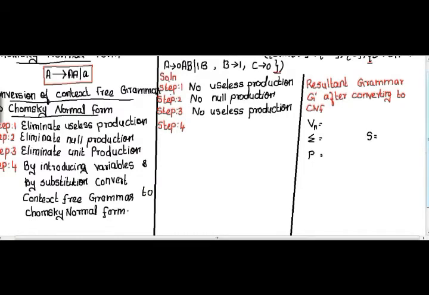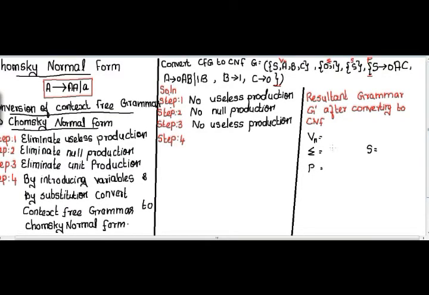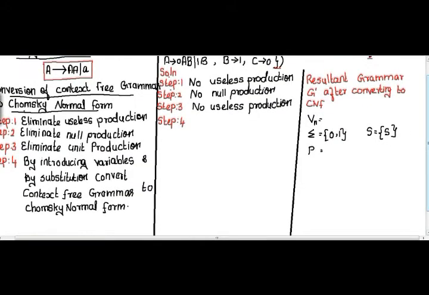The set of terminals will be the same as in grammar G, and the start symbol will also be the same. So I'm going to check the productions in grammar G, and there are two productions which are already in the form of Chomsky normal form. So I'm going to write those productions here: B tends to 1 and C tends to 0, which are already in Chomsky normal form.